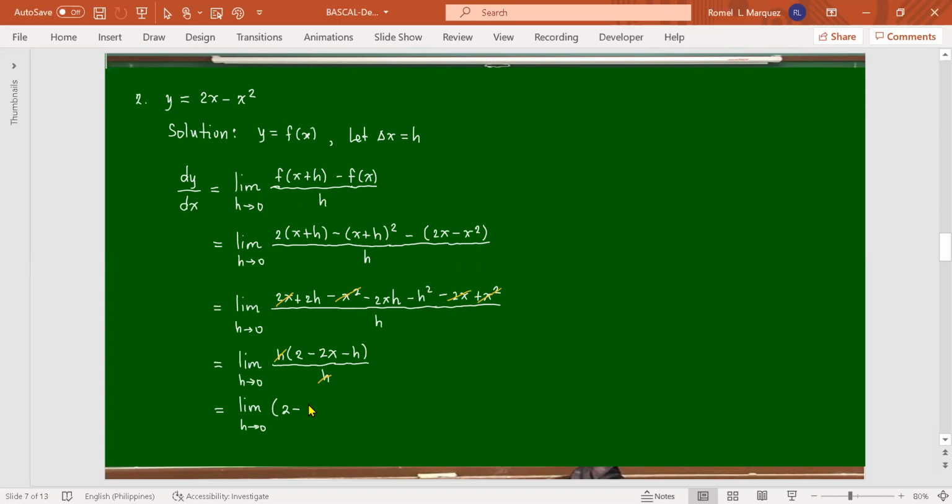That is 2 minus 2x minus h. What is the limit of this, guys? So this is already the derivative. What's the limit? h is approaching 0. So 2 minus 2x minus 0. That is equal to what, guys? 2 minus 2x. Is that clear, guys?